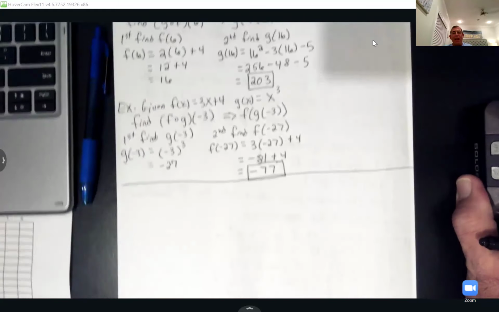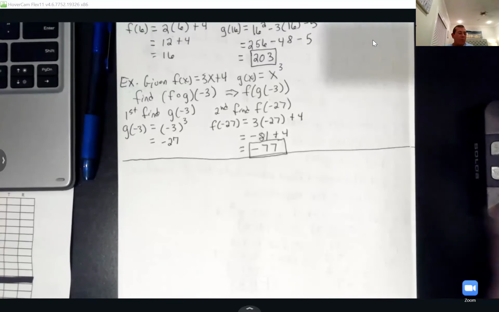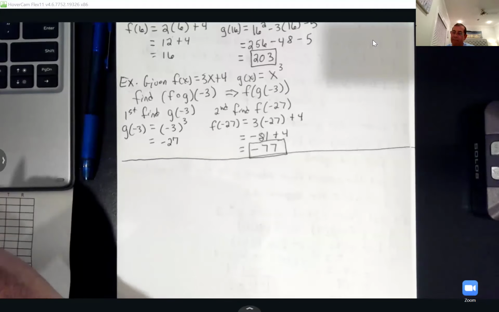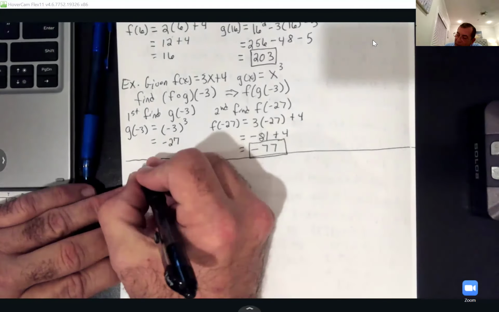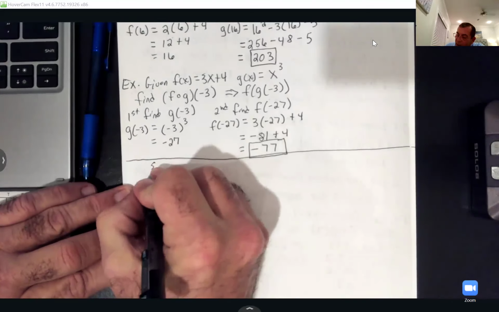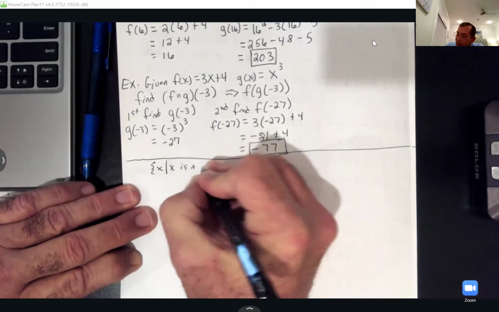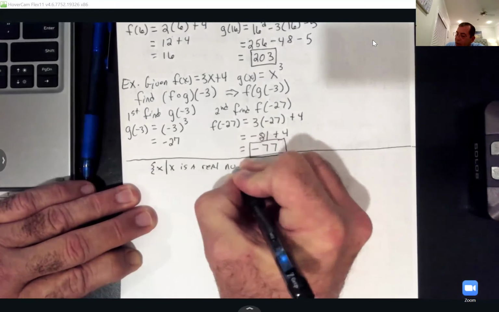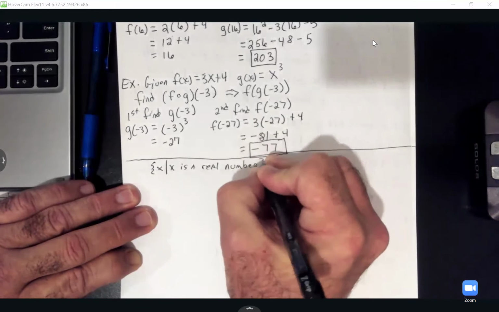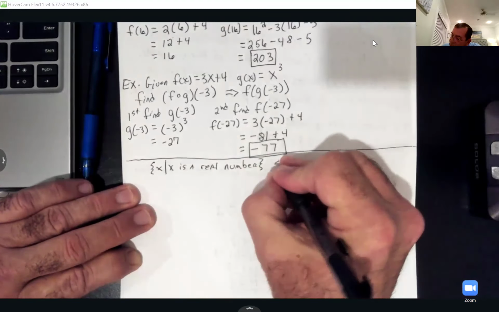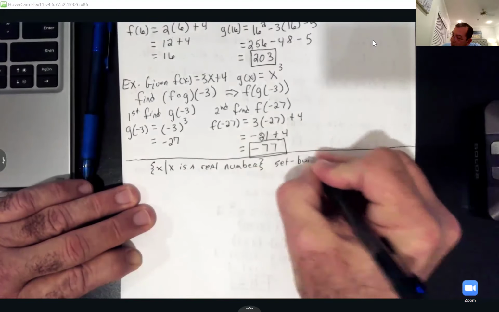All righty, so now let's look at the next few problems. But before I can do that, we're going to learn another way to do our domains. Okay? Because remember, right now for the domains, when we did all real numbers, we did x such that x is a real number. Well, this notation is called set builder notation.